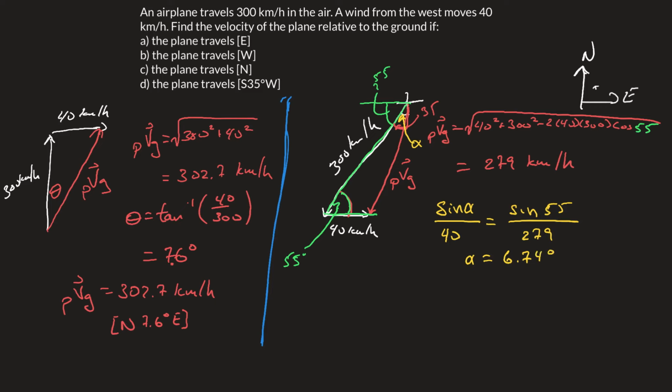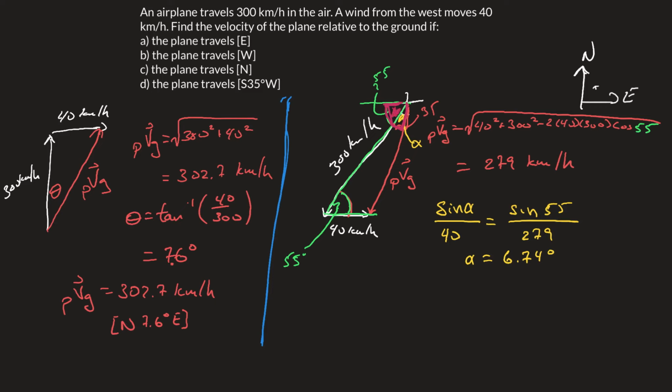degrees. Now, that's just the angle within the triangle, so I need to get a better angle relative to one of my four directions, right? North, south, east, or west. Well, if that's the case, then I know that the entire angle that I'm dealing with right here from west down here, again, it's not a right angle, I know it looks very close, is going to be 55 plus whatever we just solved for.